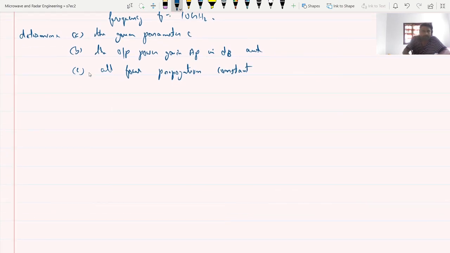Okay, so I will write the solution for this one. First, A, gain parameter.